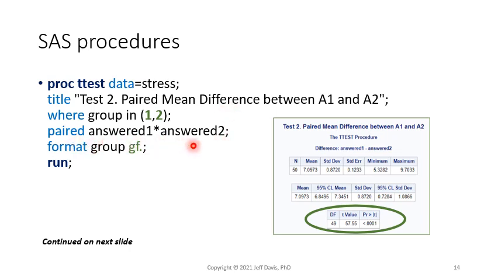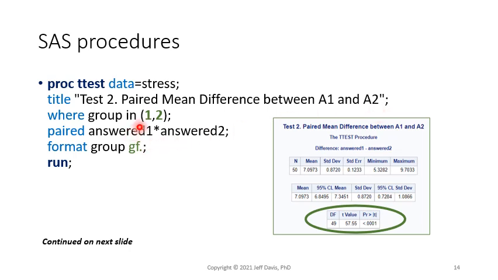It's quite a bit different in terms of setting it up for a t-test procedure. It's quite a bit different from the independent samples setup. But still here, we have group in 1 and 2. So we're telling SAS we only want you to look at these two groups: group A at time 1, before the social stressor, and group A at time 2, after the social stressor.